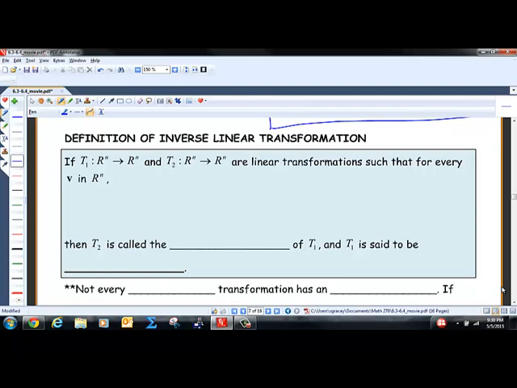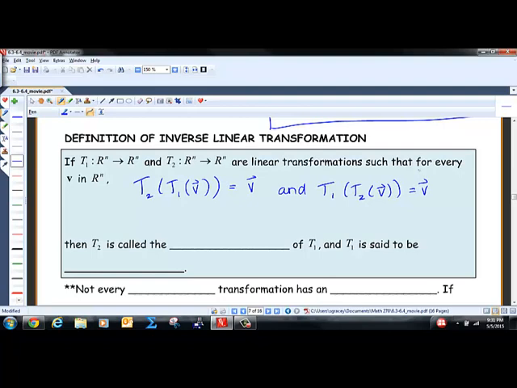So if that's true, and every V in Rn has the result that when you evaluate T2 at T1, the first linear transformation, you get V, and if you go the other way and you still get V, what do you think they'll be?